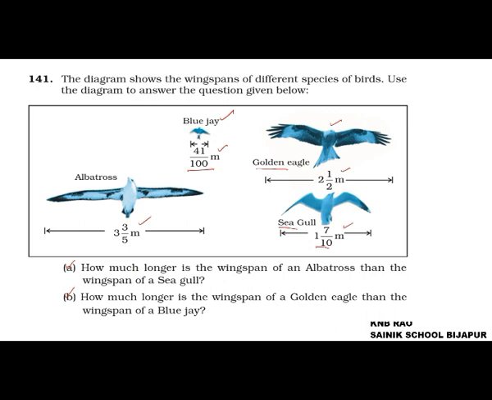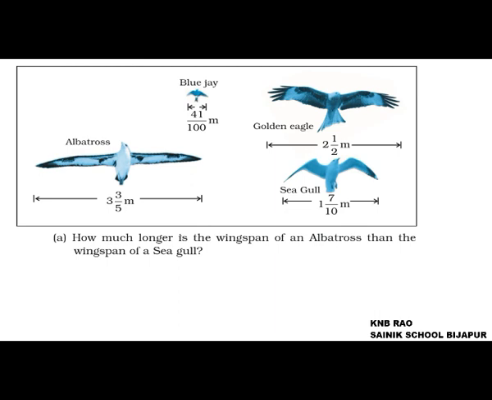Coming to question A, out of these two, we shall solve the first question. That first question is, how much longer is the wingspan of an albatross than the wingspan of a seagull? So you are asked to compare and find how much is more. That means you are asked to find the difference.